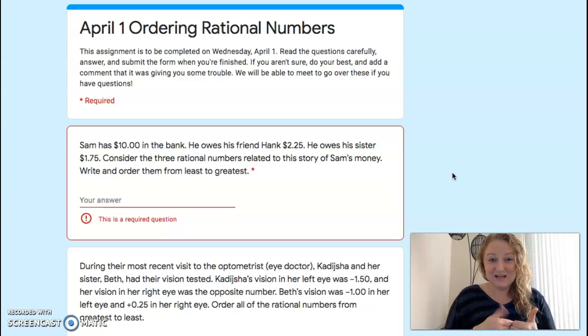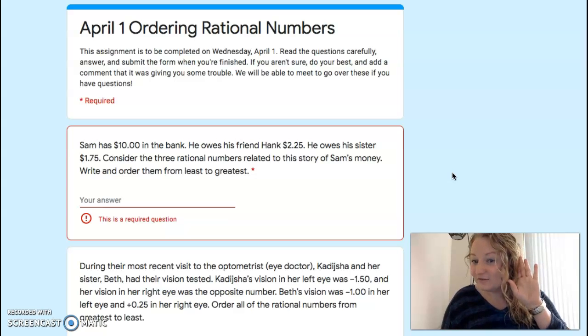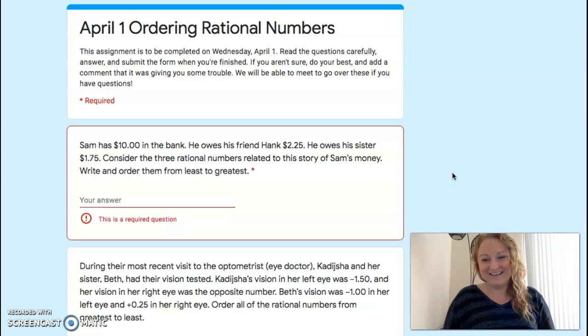That's yours. If he owes Hank $2.25, is that going to be a positive or a negative? What do you think? I can't hear you. Negative. You got it. Yes. If you owe money, you're out that money. So we would have a positive 10, a negative $2.25, and he owes his sister money, so a negative $1.75.